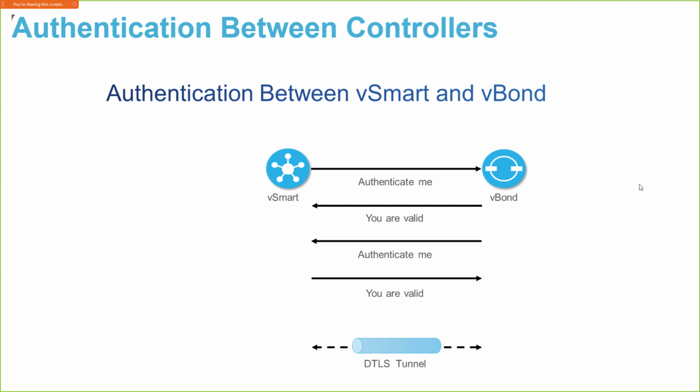So you're going to, as a network administrator, request a signed certificate, and then you're going to manually install it and whatever other certificate chains are necessary on the controllers, the orchestrators, and the vManage systems. So that part, when you're setting this whole system up for the first time, takes a little bit of effort, a little bit of time.